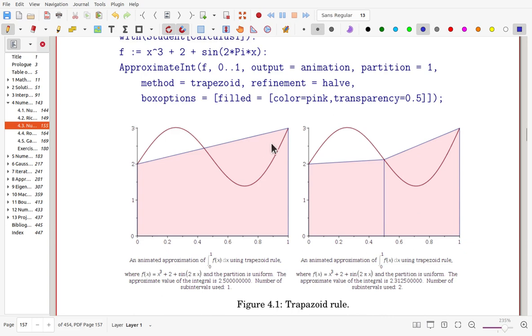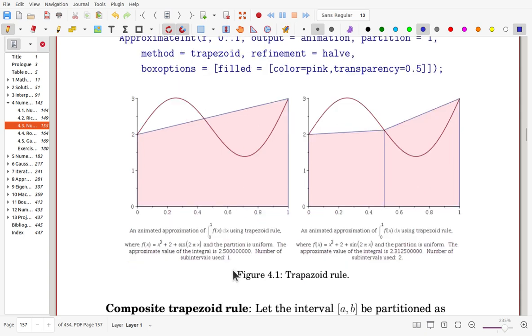Now with one interval, that is the area of this trapezoid. Now what is the value? Here the integral value is 2.5, so it is larger than the exact value.